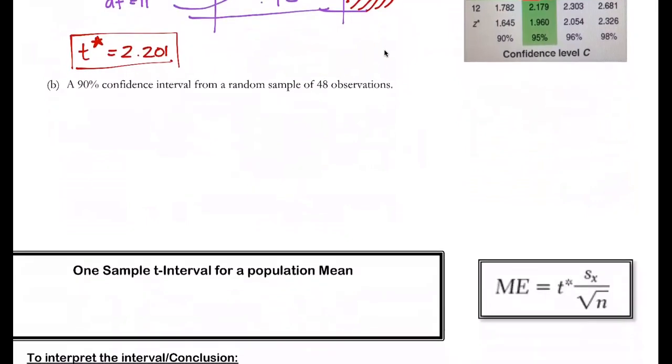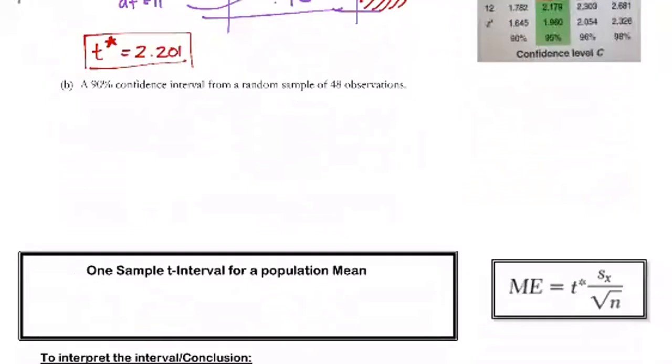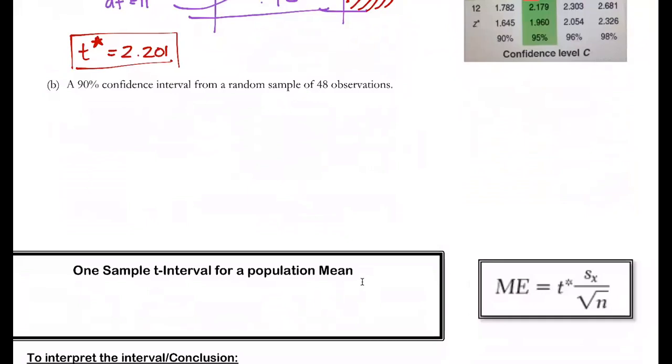We're going to go over this next one just briefly together. This next one says a random sample of 48 observations. If you're looking at the table right now, first you have to think about degrees of freedom. So this would be 48 minus 1, so my degrees of freedom is equal to 47.